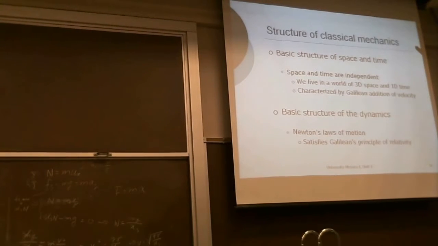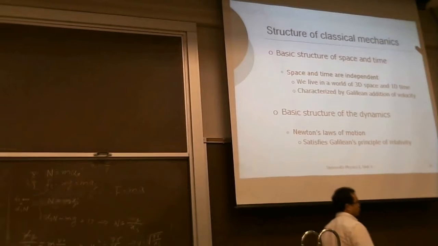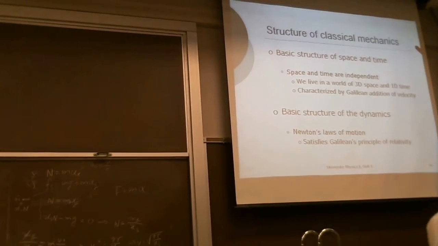One thing I would like to comment is that these things are actually related to the basic structure of space and time. The reason why we have the Galilean addition of velocity is that we live in a world of 3D space and 1D time.